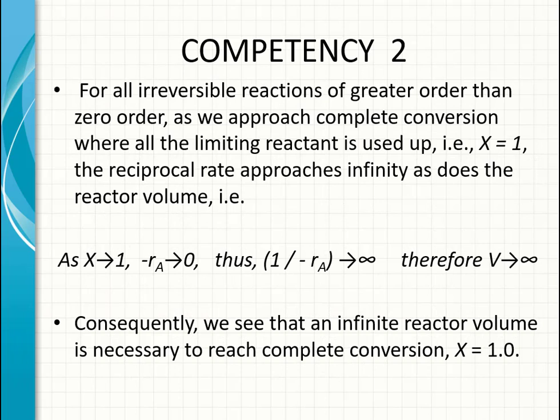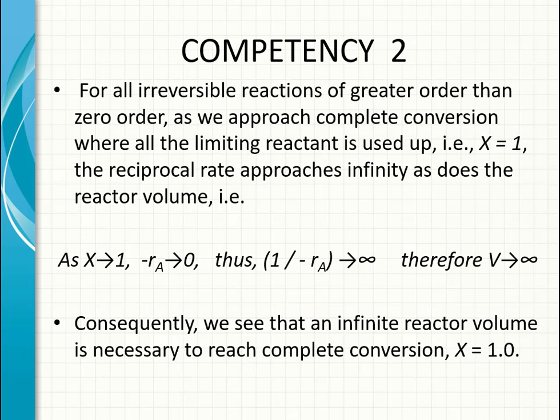For irreversible reactions of greater order than zero order, as we approach complete conversion, where all the limiting reactant is used up, for example X equal to 1, the reciprocal rate approaches infinity, as does the reactor volume.